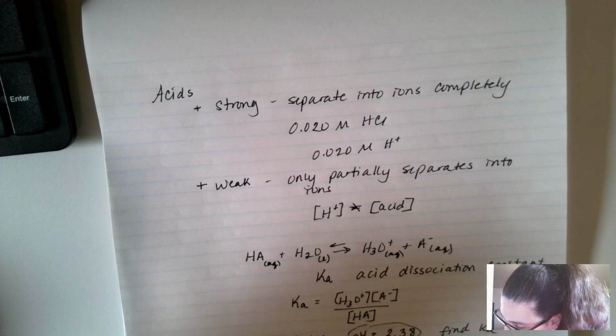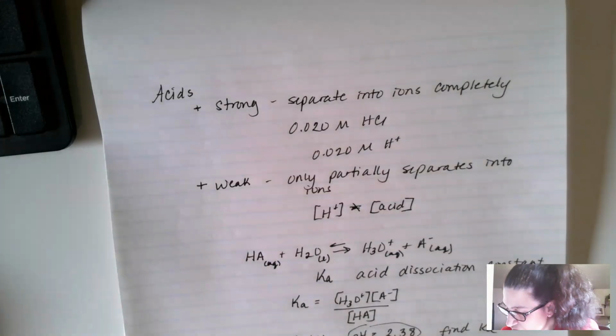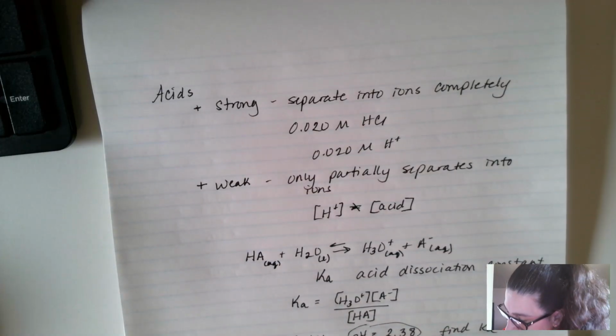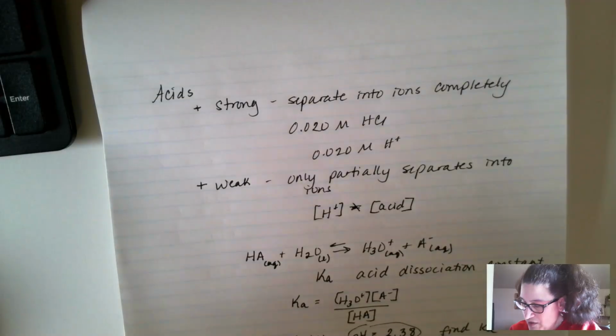This has 2 decimal places, so I'm going to round this to 2 significant figures. That's the amount of H+ that is formed, which means that's the amount that ionized. So plus 0.0042, plus 0.0042, and this would be 0.1 minus that.